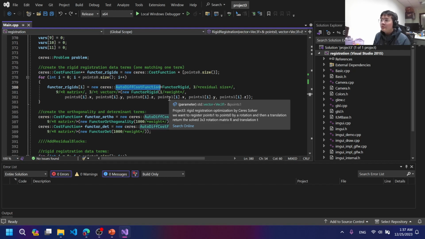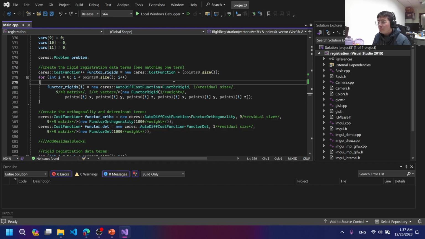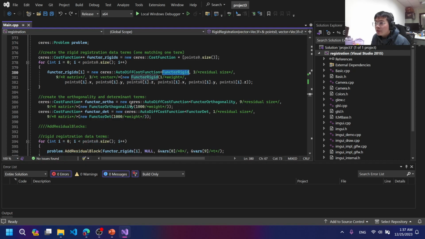It's a library from Ceres solver. So what it does is it helps us initialize the cost function. So over here we are initializing it for functor rigid, and then we have to initialize the cost function for the functor orthogonality which we solved earlier, and another cost function for the functor det.